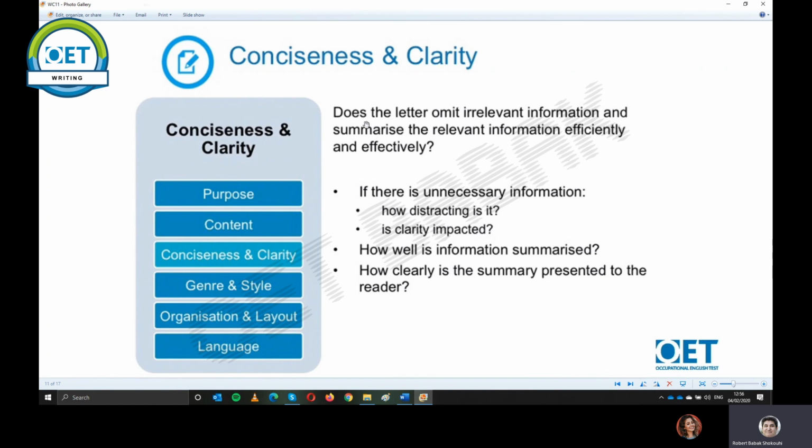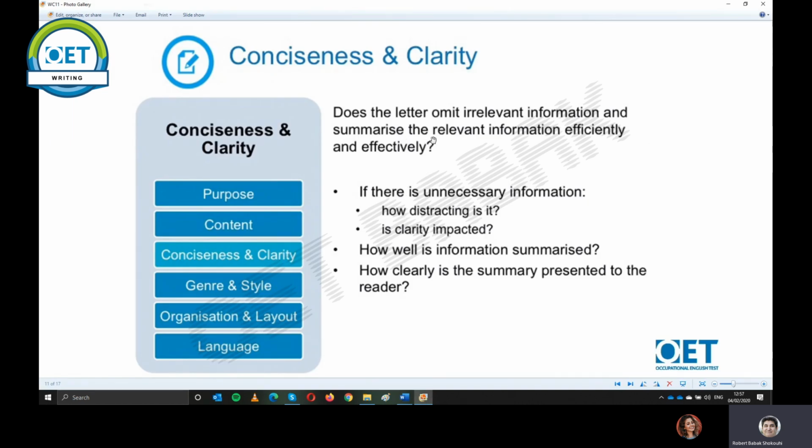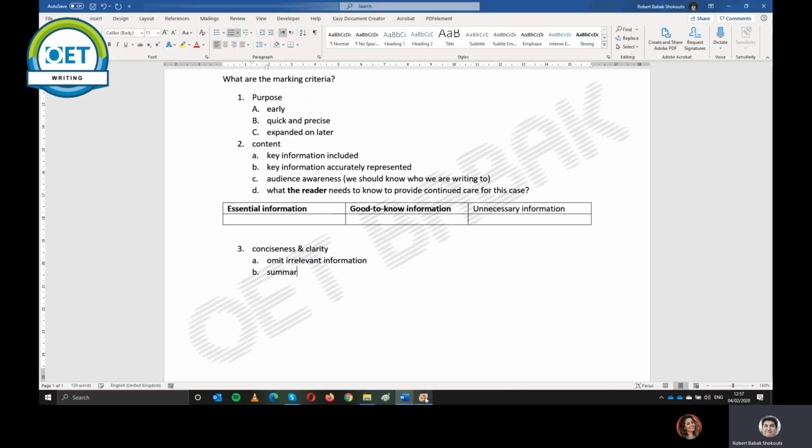So it's got two parts. Omit irrelevant information, and summarize the relevant information efficiently and effectively.